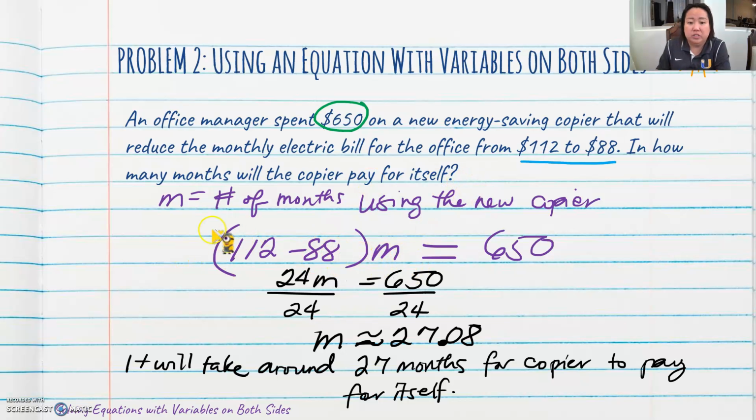Pretty much the savings that you get for every month that you were using it to be able to pay for itself has to be equal to 650. So the equation is 112 minus 88 multiplied by m is equal to 650, and solving for the value of m, it will take around 27 months for the copier to pay for itself.